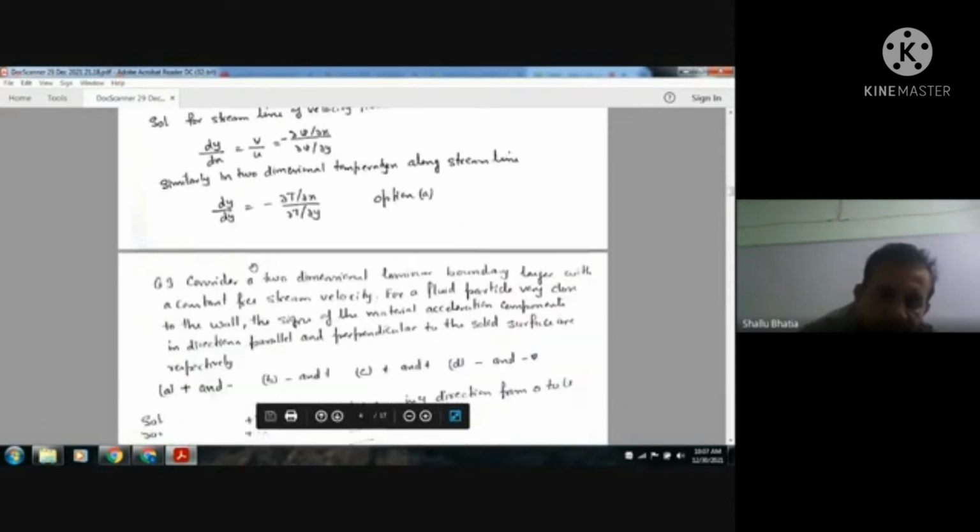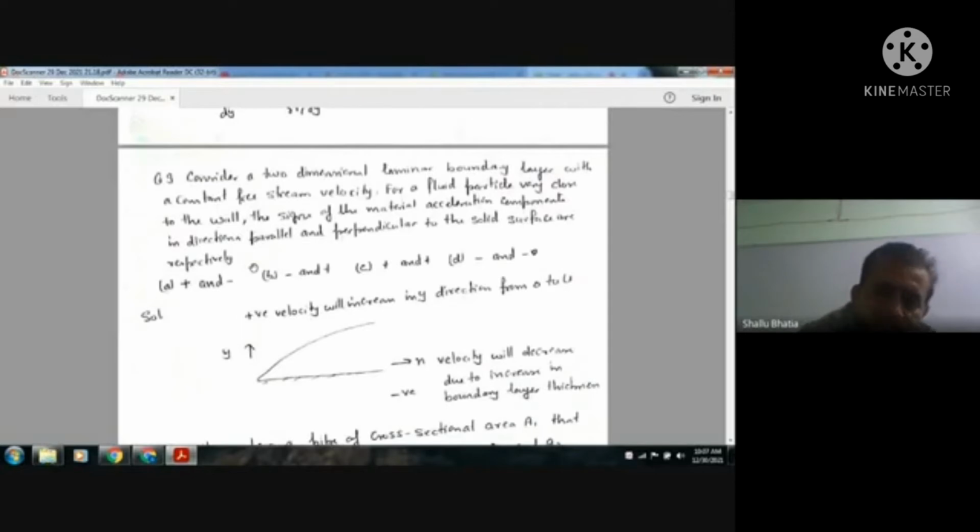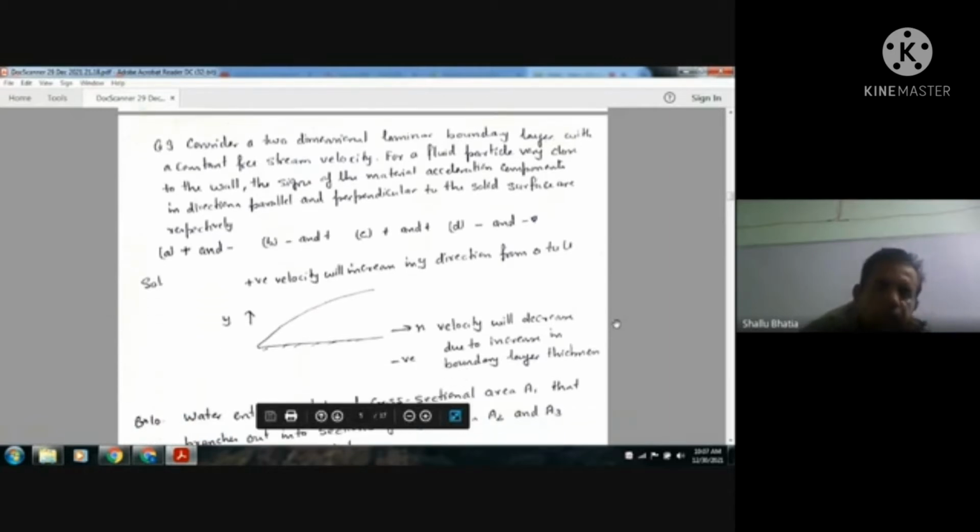Next, consider a two-dimensional laminar boundary layer with a constant free stream velocity. For a fluid particle very close to the wall, what is the sign of the material acceleration component in the direction parallel and perpendicular to the solid surface?